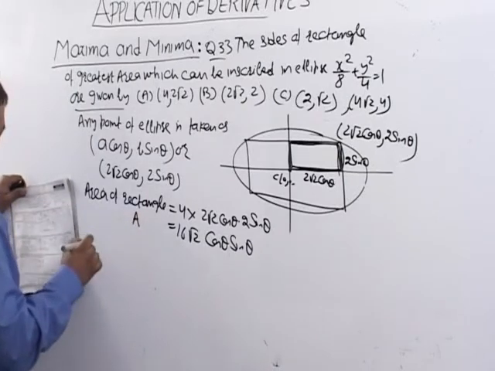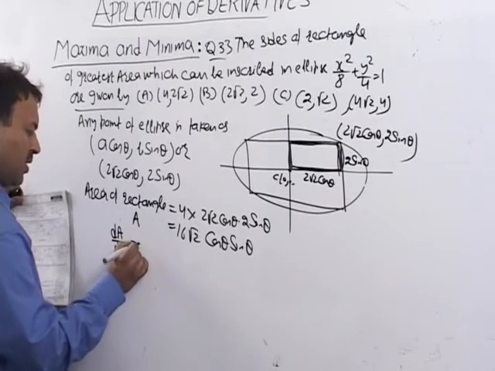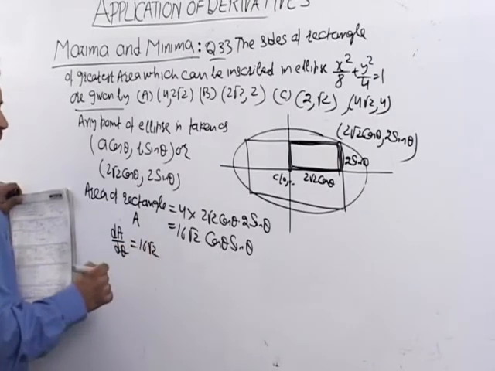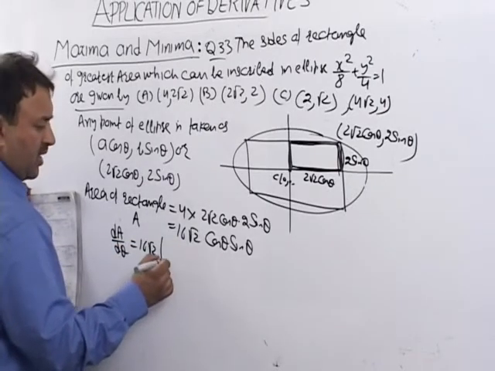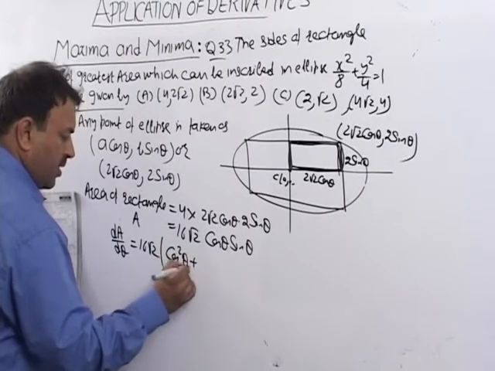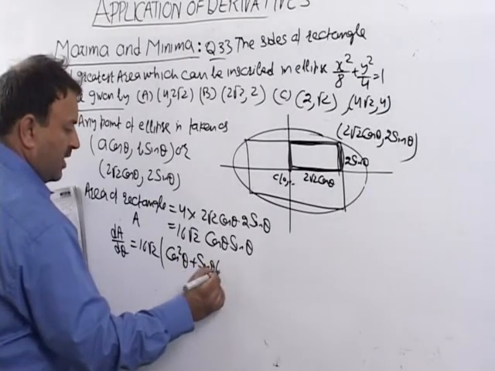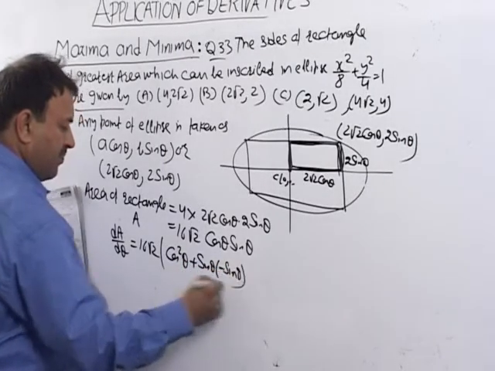This is the area. Now dA upon d theta is 16 root 2 times cos theta into cos theta, plus sin theta into minus sin theta.